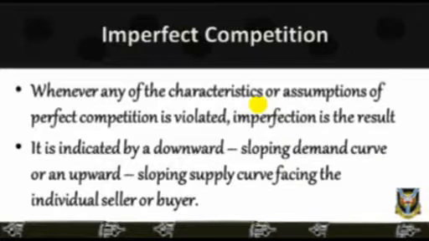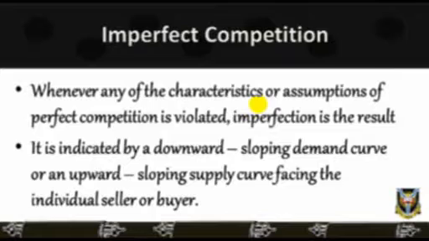Imperfect competition. In perfect competition, whenever any of the characteristics or assumptions of perfect competition is violated, imperfection is the result. This is indicated by a downward sloping demand curve or an upward sloping supply curve facing the individual seller or buyer.